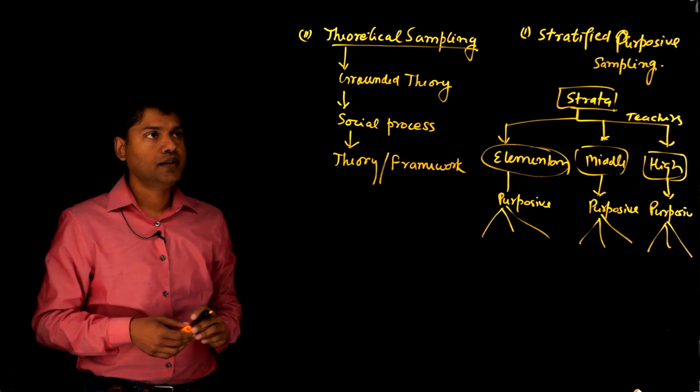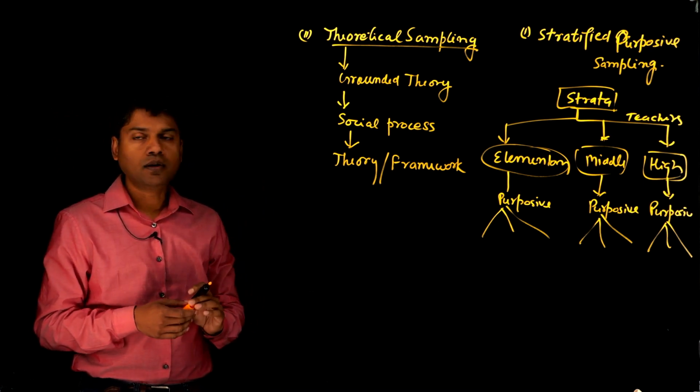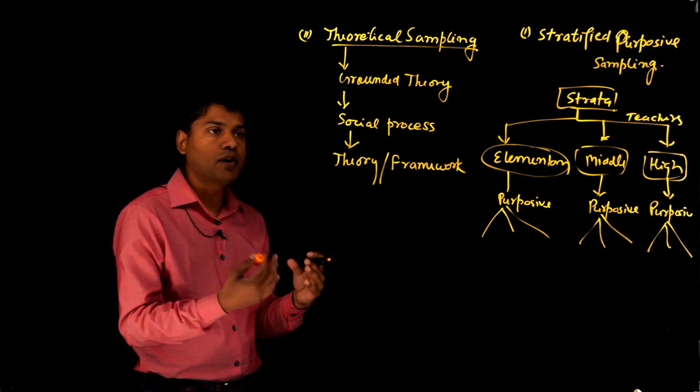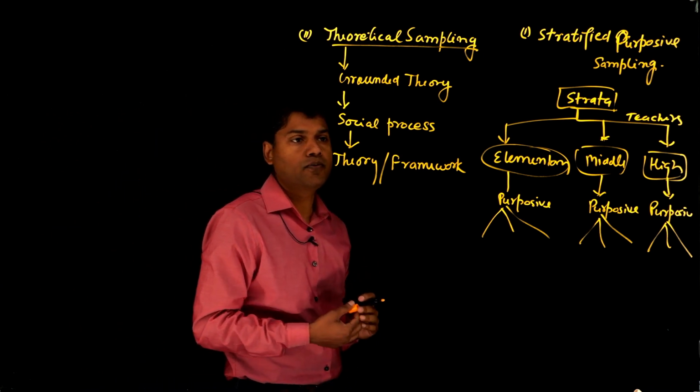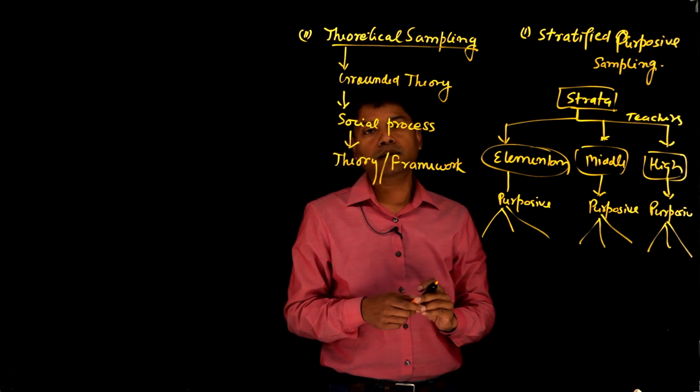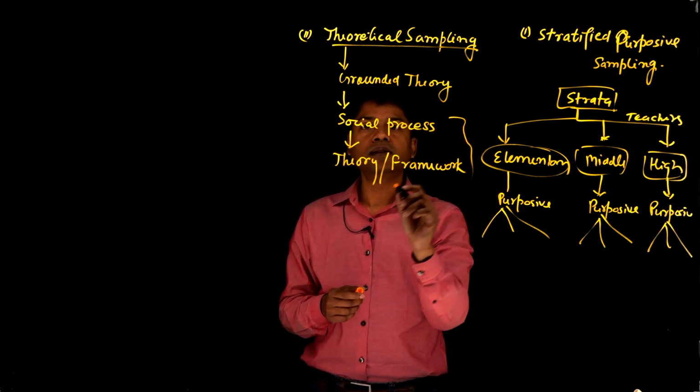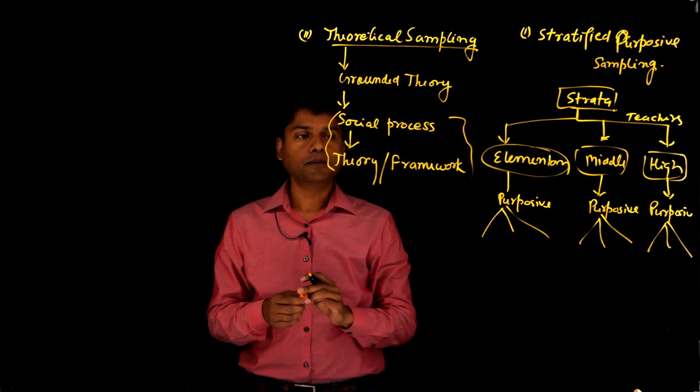So grounded theory is used when a researcher wants to develop a theory or framework related to the phenomenon that they are interested to study.